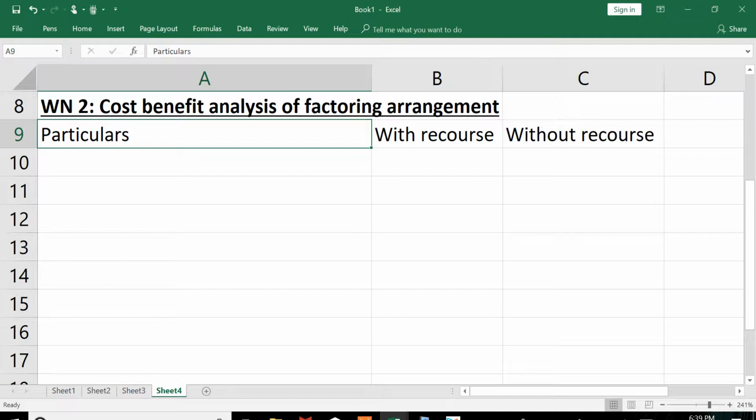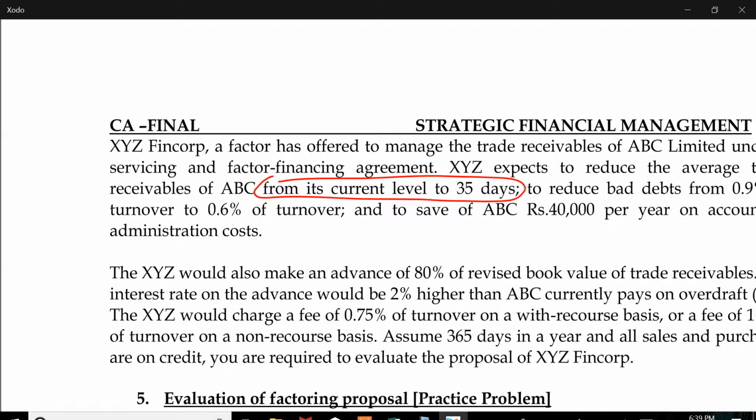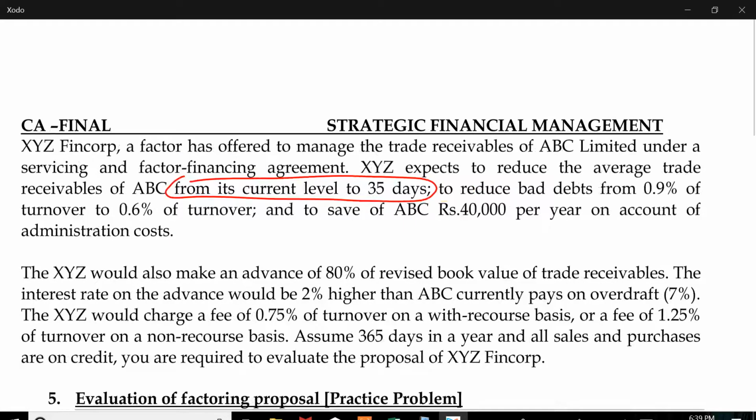Two types of scenario are possible. My first saving is administration cost, second saving is bad debt, third I'll do something on interest. I'll explain as I do it.